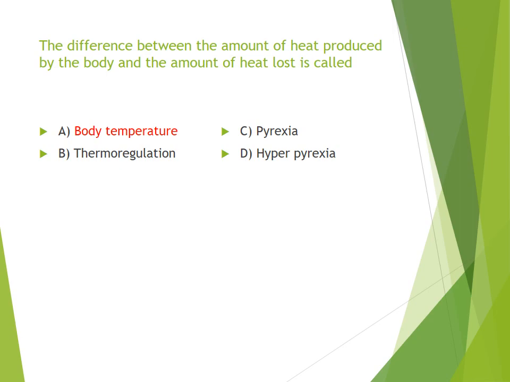Right answer is body temperature. Body temperature is the difference between the amount of heat produced and the amount of heat lost, or it is the heat maintained by the body. It is called the body temperature.